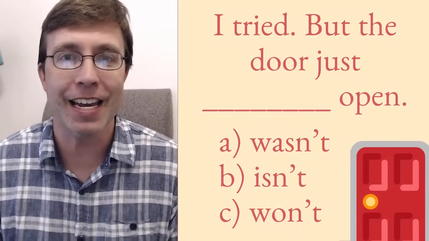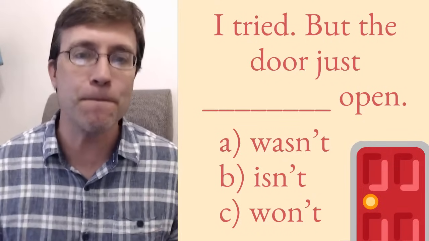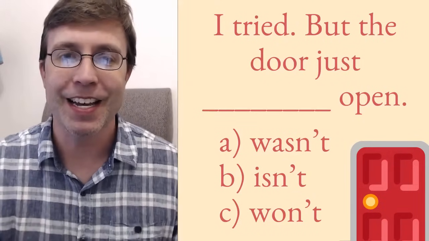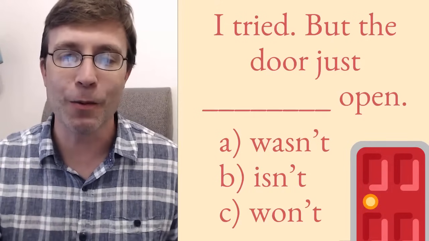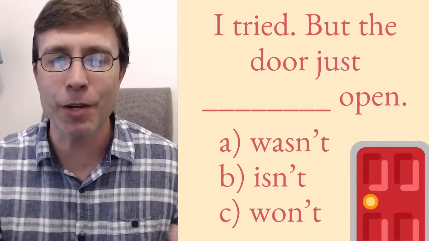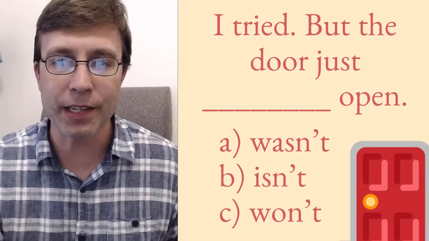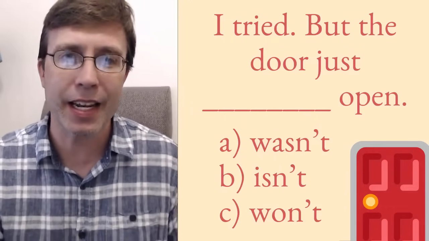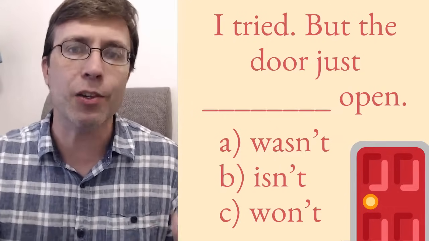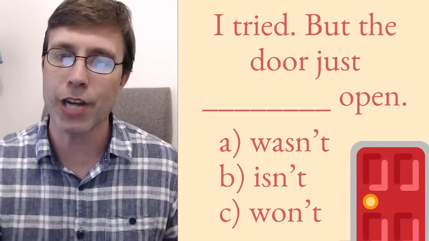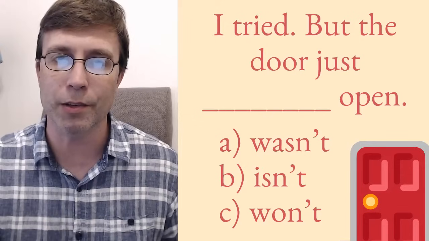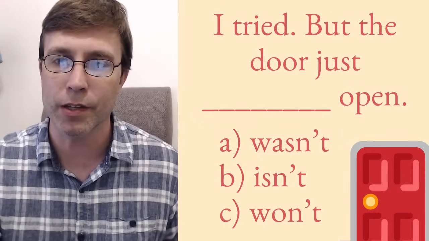I tried, but the door just open. Okay? I tried, but the door just open. What do you think? Which verb best completes this sentence? And again, we're just starting out. As we go through them, they will get a bit more challenging, a little more difficult as we continue going through these.